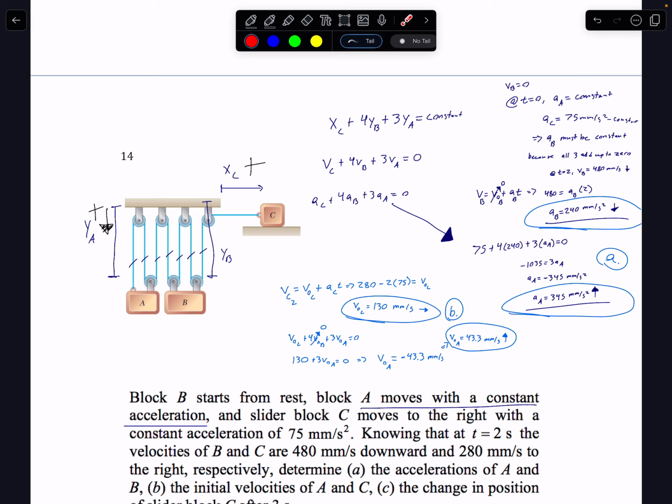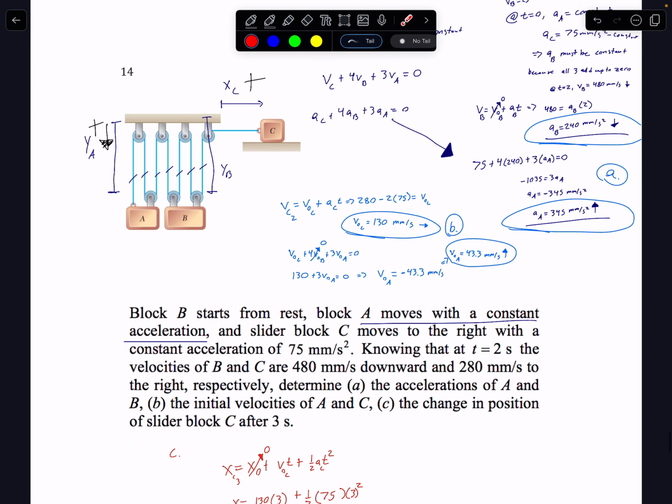No, because looking using this equation here, we can find the initial velocity of C. We know the acceleration, and I believe we do know the time. And we know the final velocity, so that gives us the chance to find the initial velocity, which is 130 millimeters per second to the right.